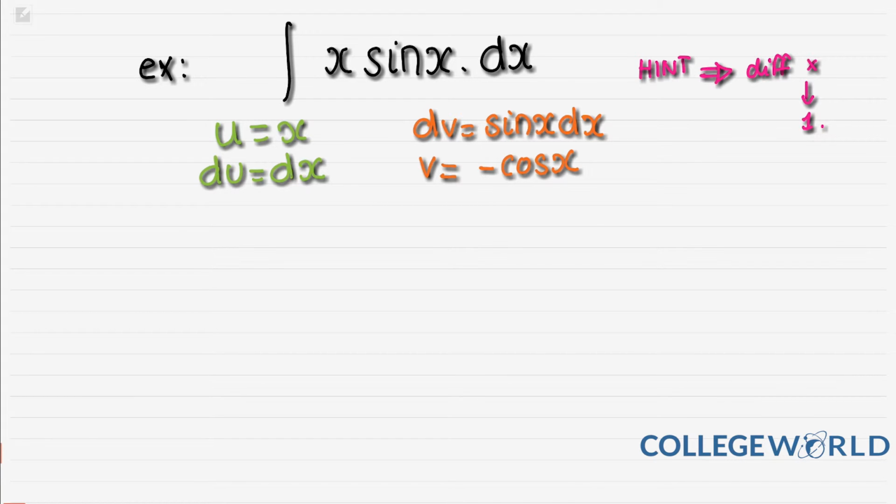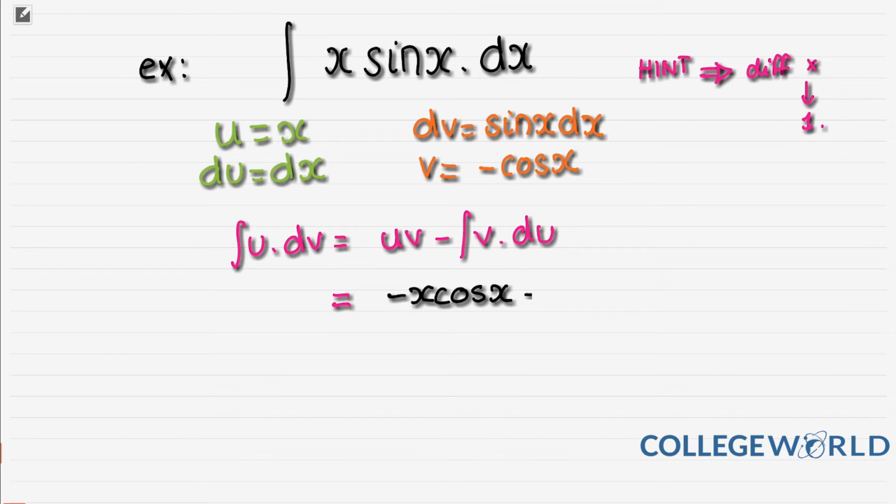Now if we want to write our general formula for integration by parts, we know that the integral of u dv equals uv minus the integral of v du. And then we write it out. We replace: this is actually equal to u times v, which in our case is minus x cos x, and then we subtract the integral of v du. v is negative cos x, so this will become plus, and this will be cos x, and our du is dx.